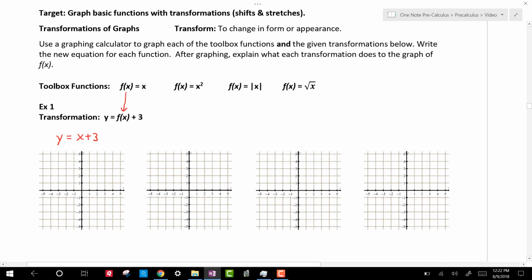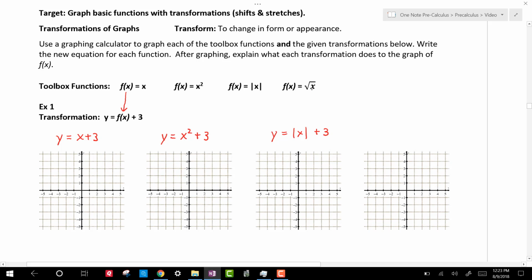We're going to do the same thing here. We're going to take x squared, because it's saying take f of x, whatever f of x is, and add 3. So right now, again, we have x squared, so y equals x squared plus 3. Take the absolute value of x and add 3. So that's y equals the absolute value of x plus 3.